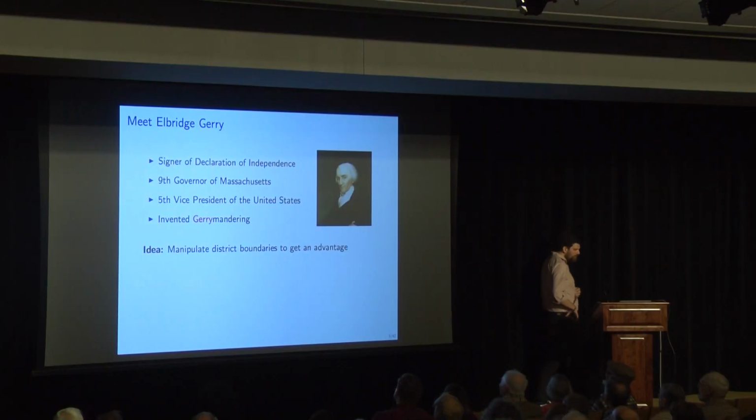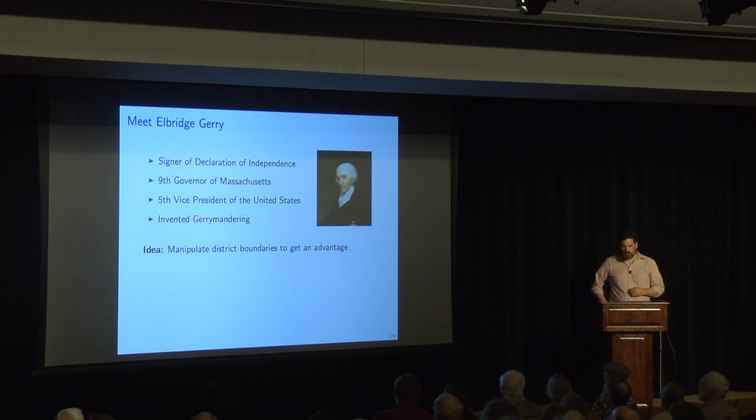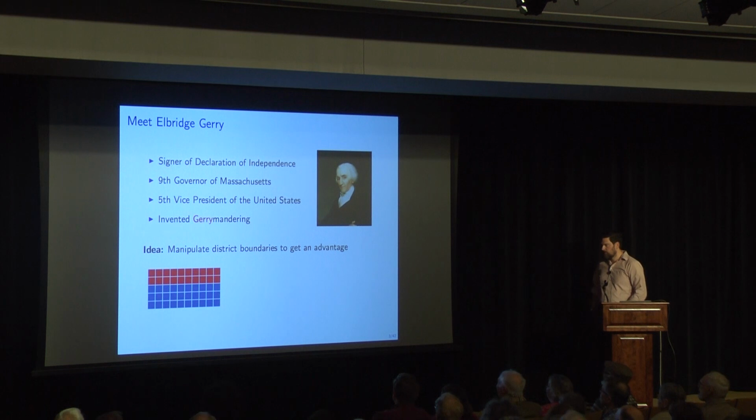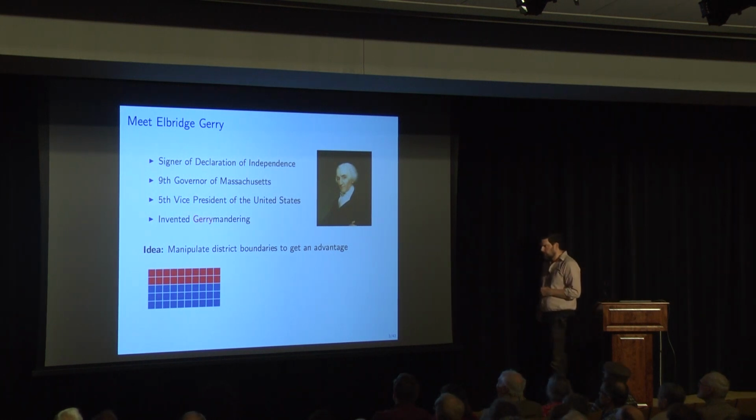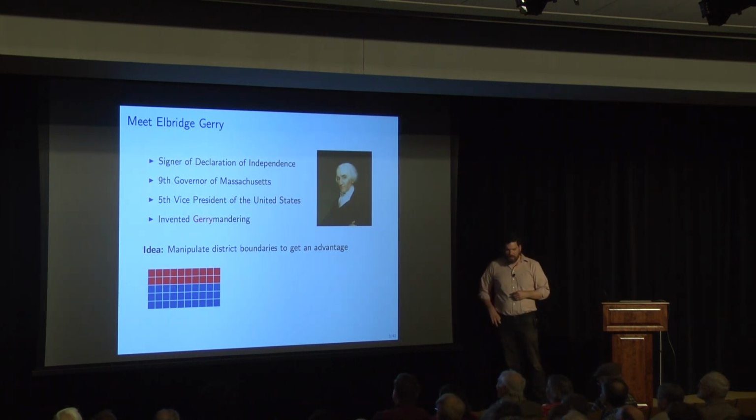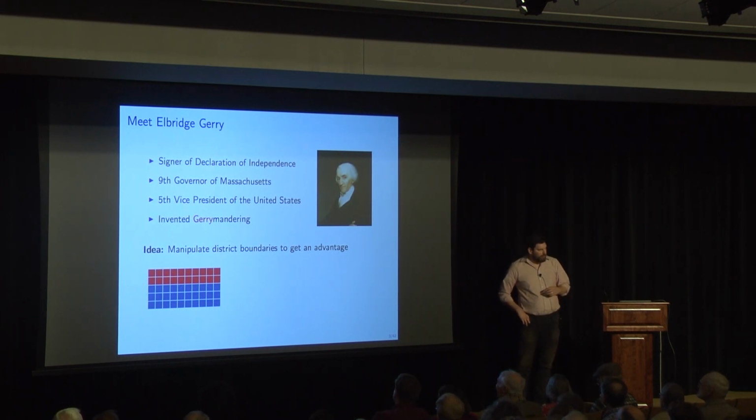The main idea of gerrymandering is to manipulate these voting districts in a way that benefits you or your party or whatever. Okay? You want to get an advantage by messing with boundaries. So let's look at a cartoon. Imagine this is a state, and the north part of the state is very red. The south part of the state is very blue. Okay?